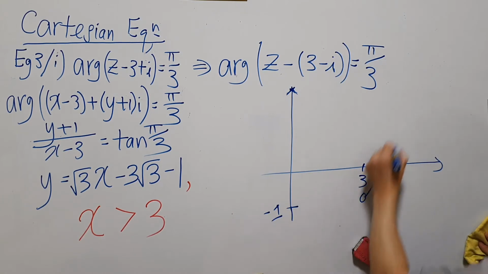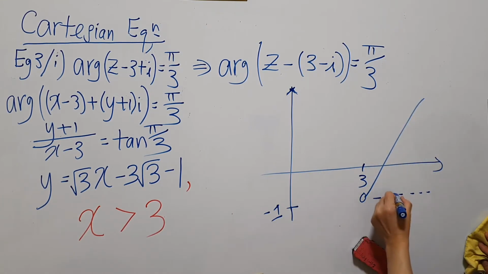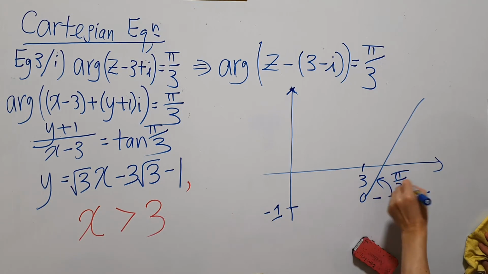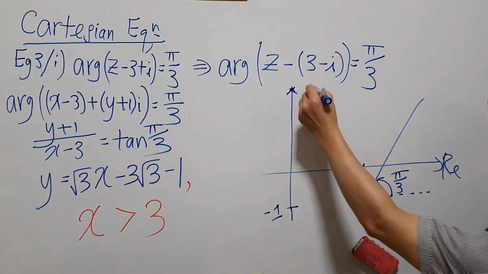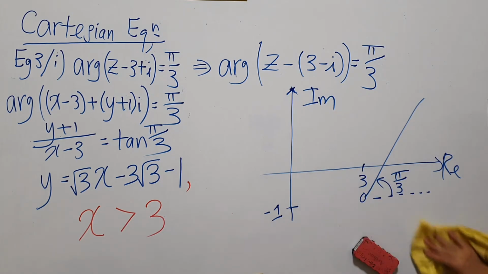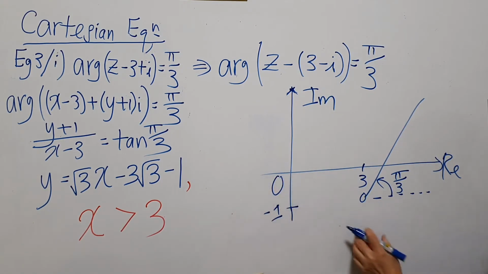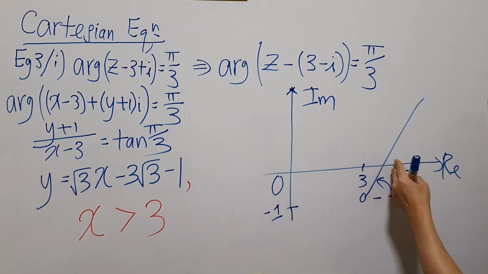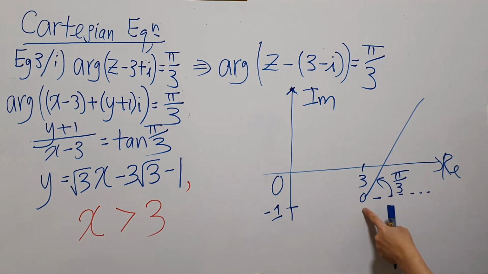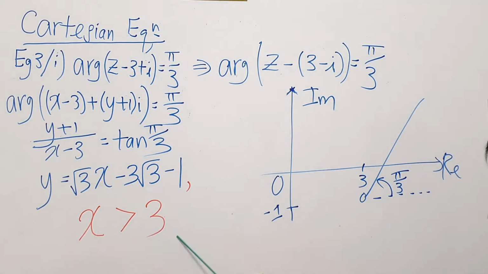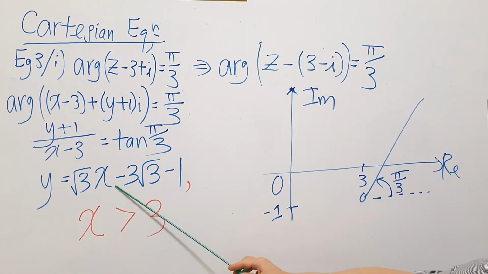It was like this, remember? This angle is pi over 3. Please put this as real and this imaginary. So do you recall, in this diagram that you drew earlier on, this half line starts from this point, and the real part is strictly more than 3. This point, remember, is exclusive. That's how I actually got this condition that x must be more than 3. So that this, together with this condition, gives you a half line. Right?